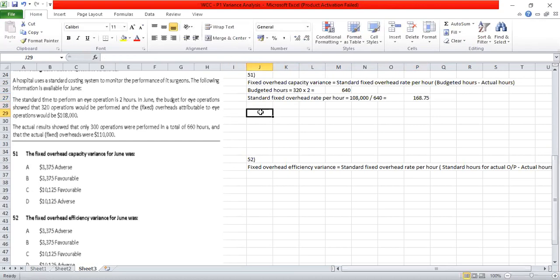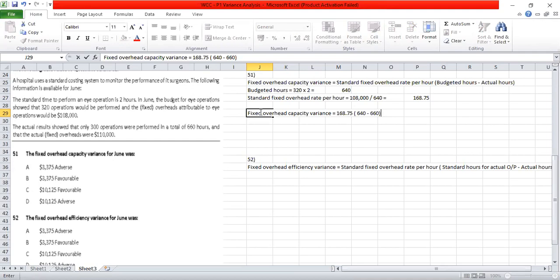Substitute the values. Actual hours worked is already given, 660. So calculate. The rate is 168.75 into budgeted hours 640 minus actual hours 660.